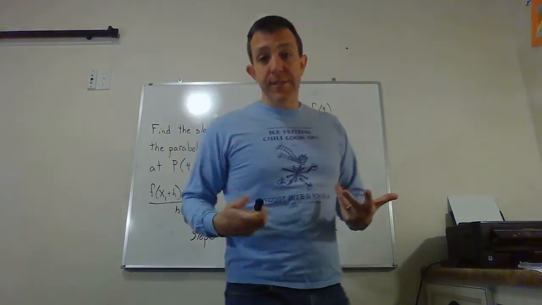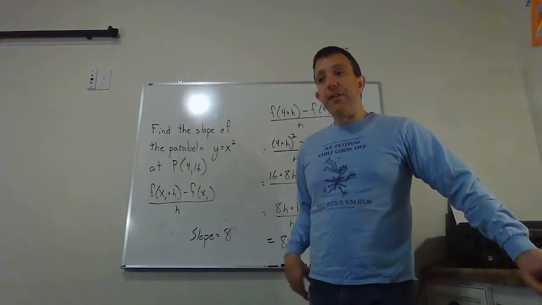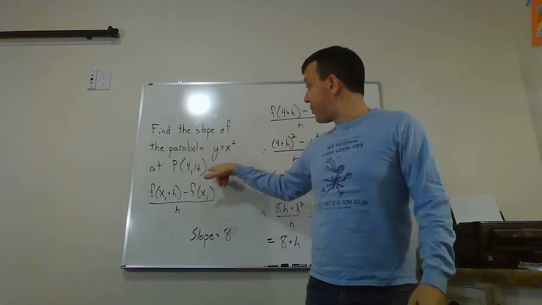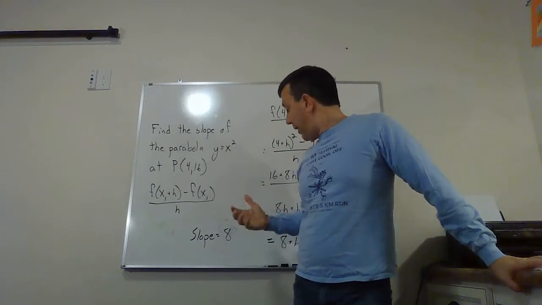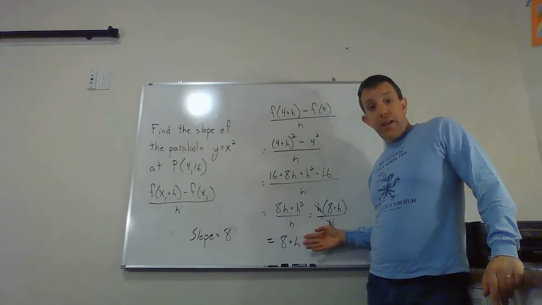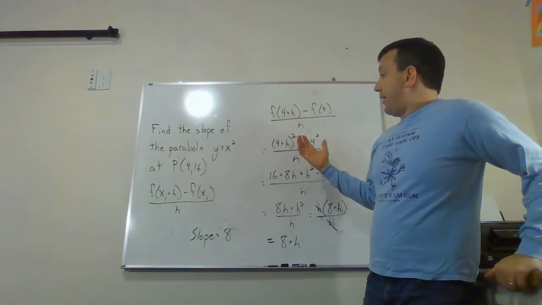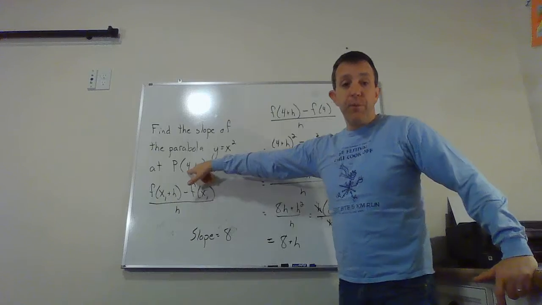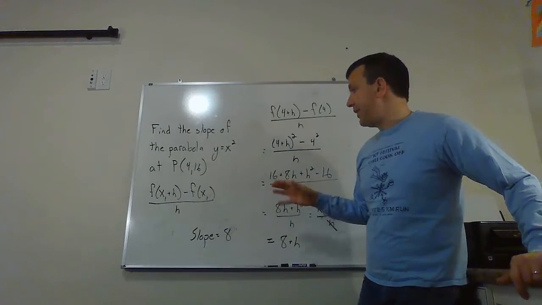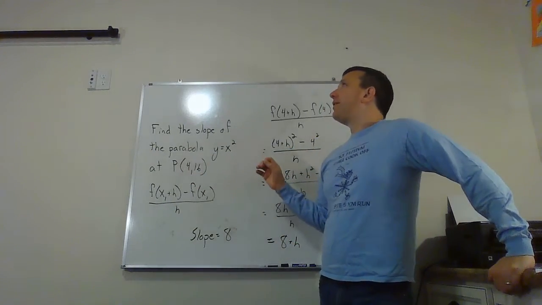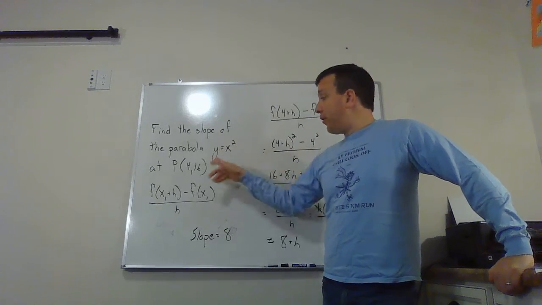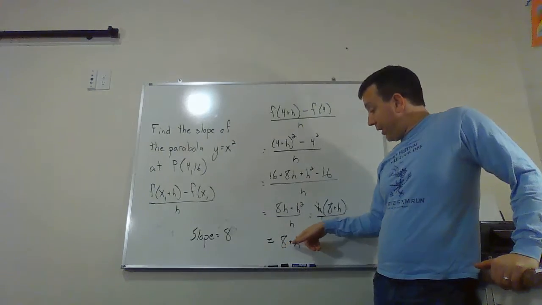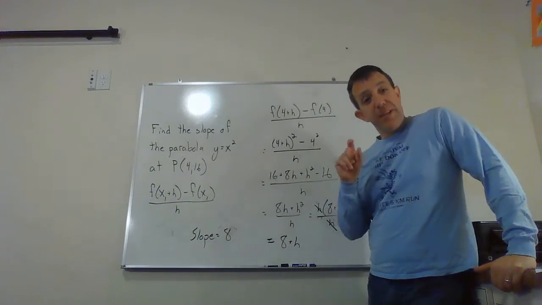And so what happens is this. If you want to think about this as a series of points that are coming and getting closer and closer and closer to our original point, we could say, okay, the slope between our point and the point where x is 4.1 would be 8.1, because h there would be that 0.1, right?